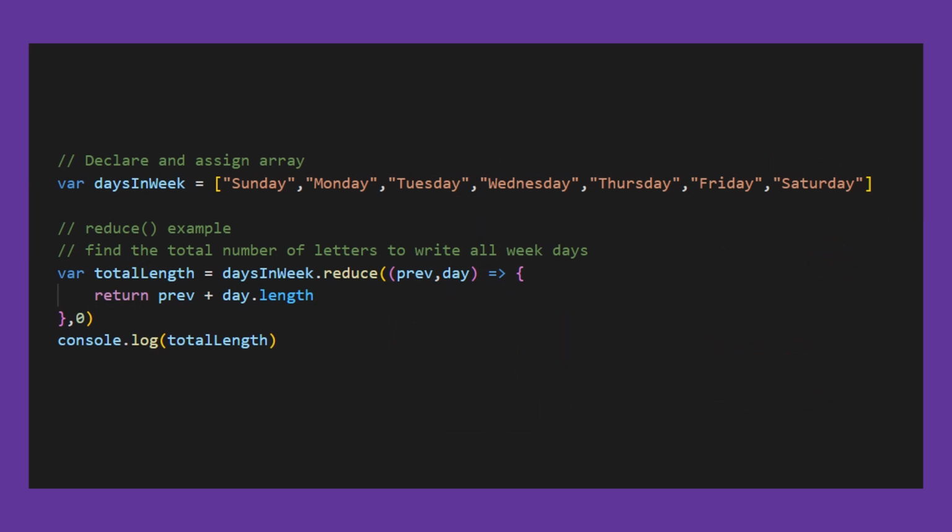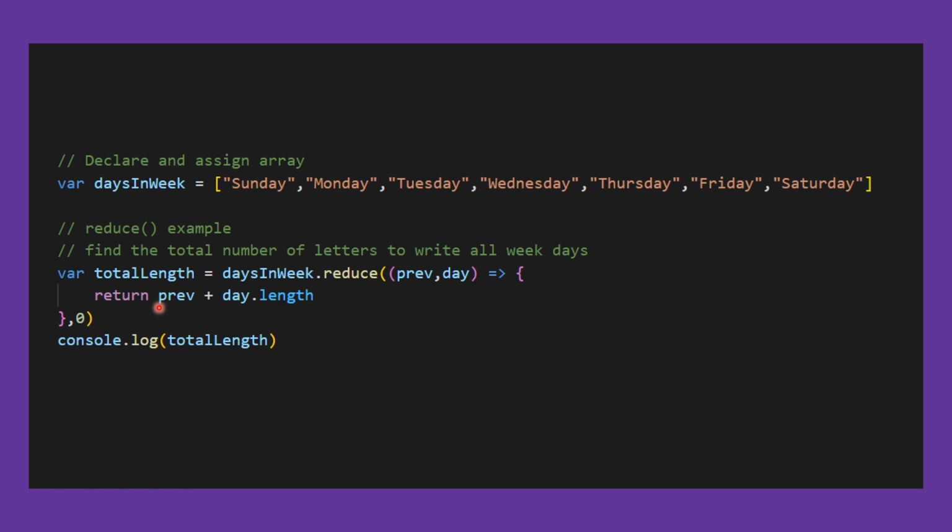While we make use of the same example, here we are using the reduce function to find the total number of letters that is needed to write all the days in a week. We will return the sum of the accumulator and the length of the day in every loop.